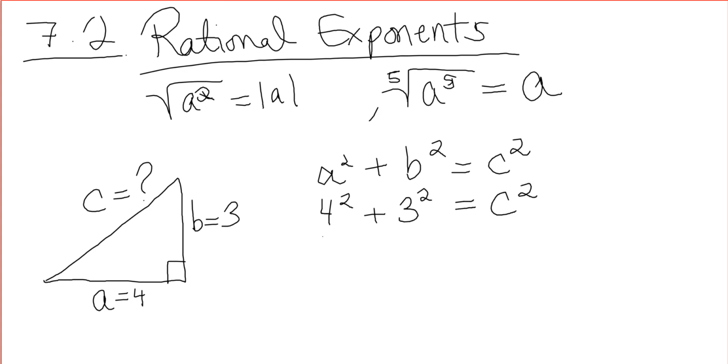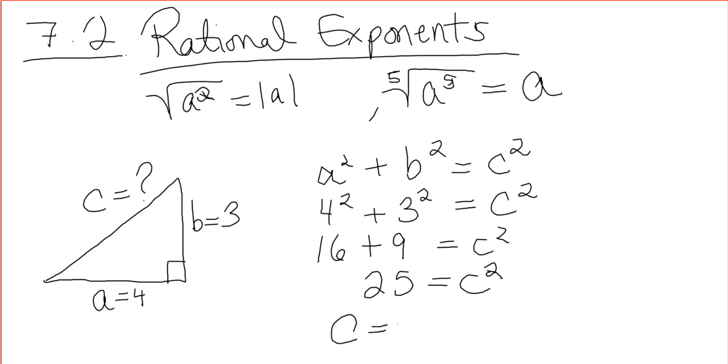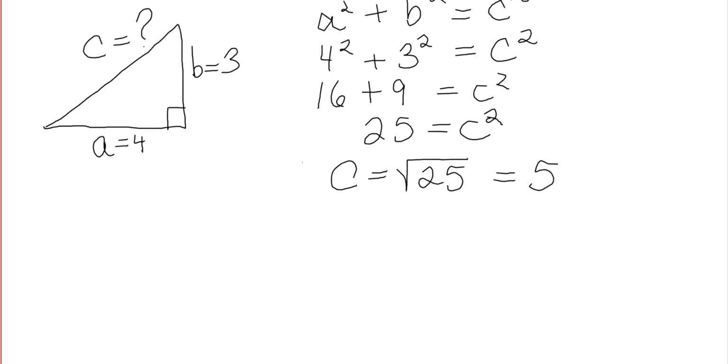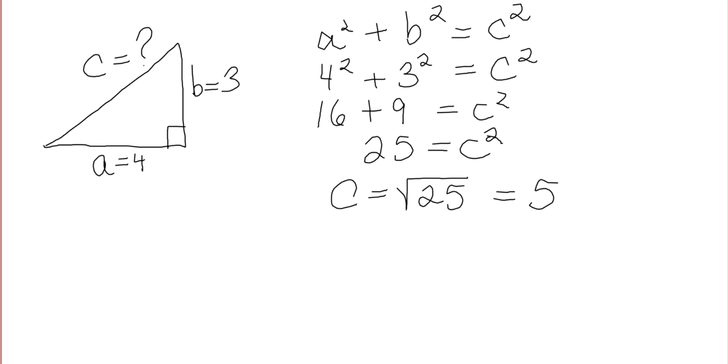That's 16, that's 9, and when I add those together I get 25, c squared. What when I square it will give me 25? This is the same as saying c is going to be the square root of 25, which is just 5. And that's kind of fun, and that works well because we know what when I square it will be 25, it's 5.